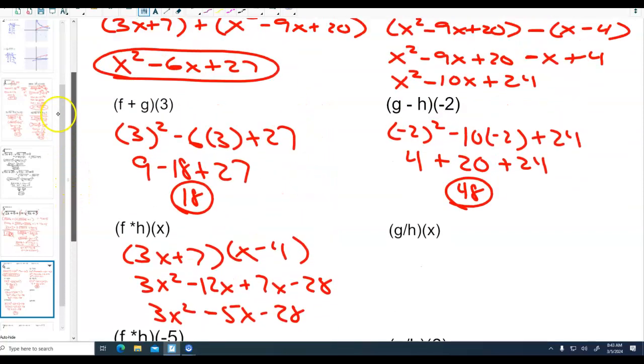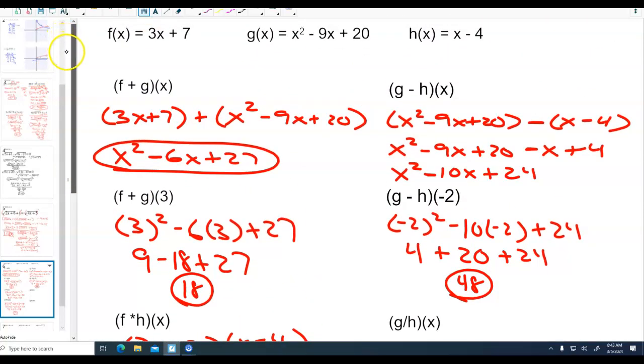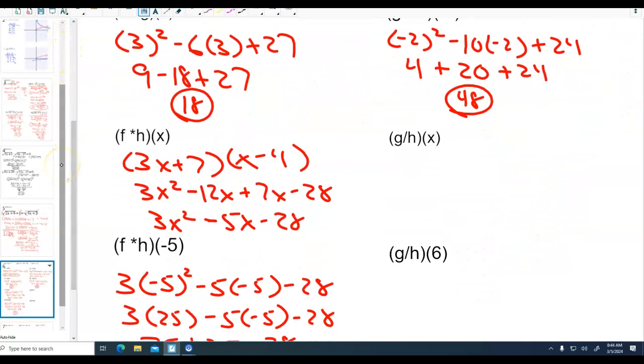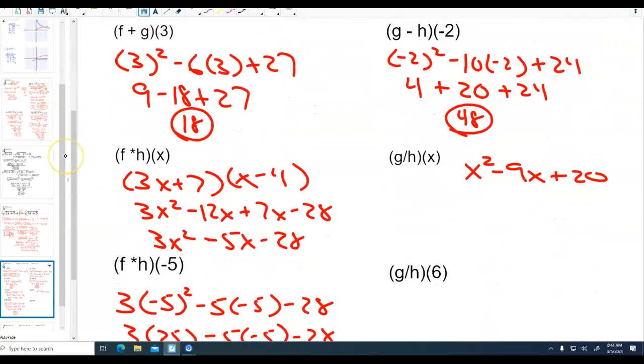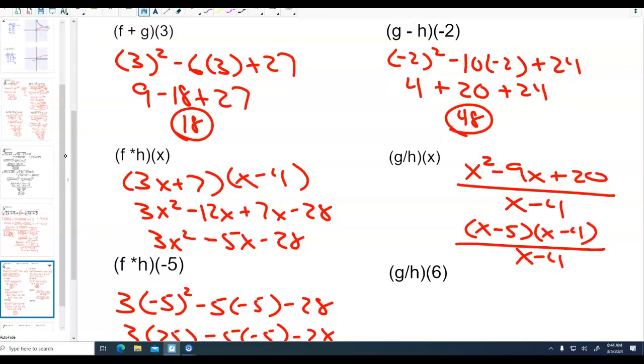For division, we have g over h, x squared minus 9x plus 20 over x minus 4. Now, if you notice, you can factor the top. x minus 5, x minus 4 over an x minus 4.